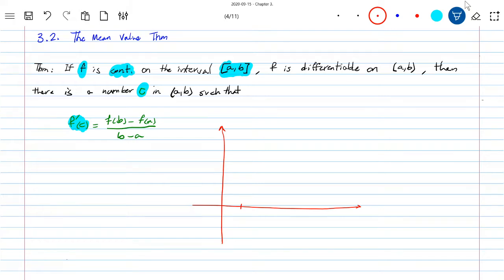So let's say you're given interval a to b. And a and b do not need to be positive, but normally it's easier to assume this. And let's say this is f of a, the corresponding y value, and f of b somewhere here. And we assume that f is a continuous function.